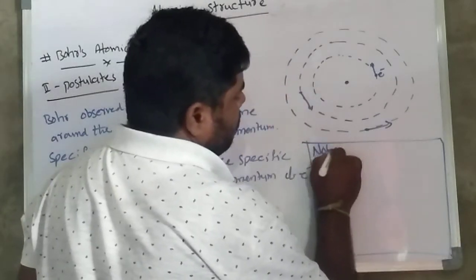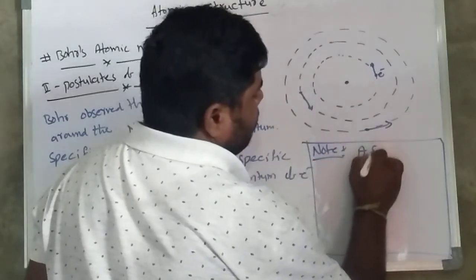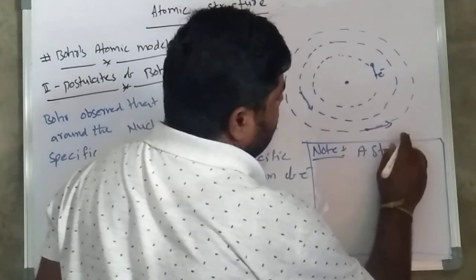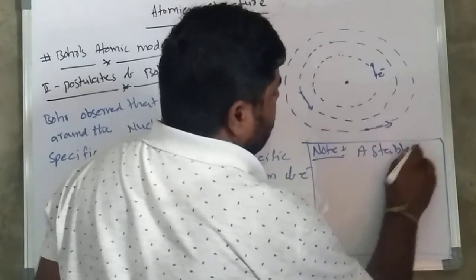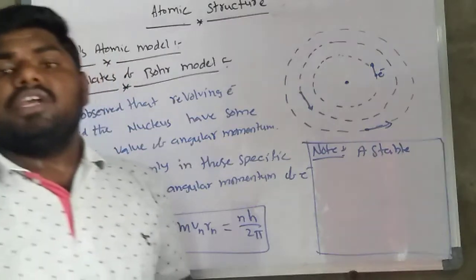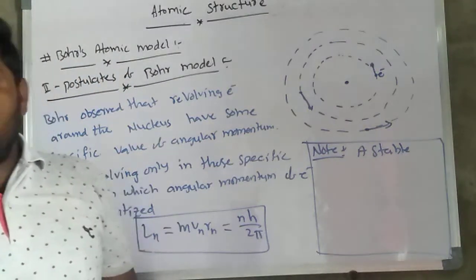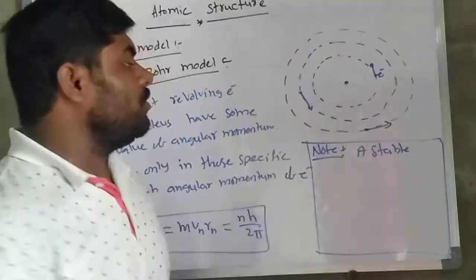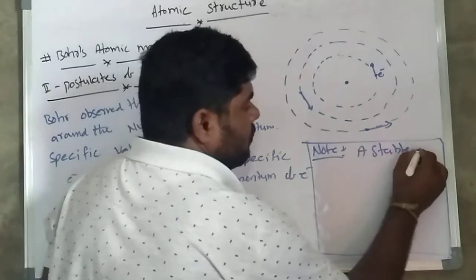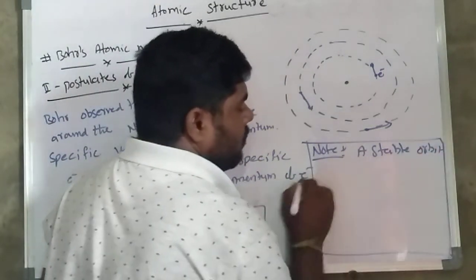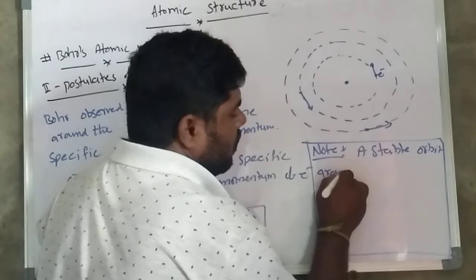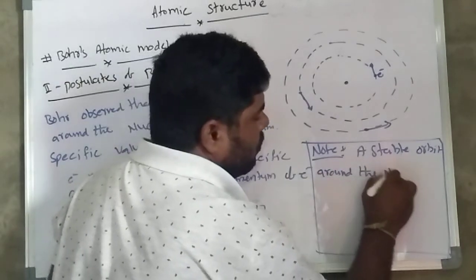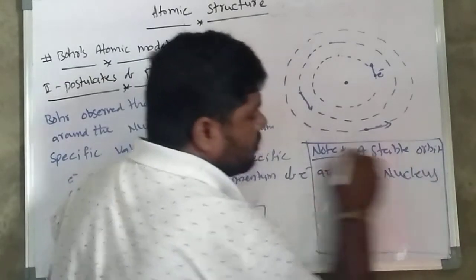Here is a stable orbit around the nucleus.